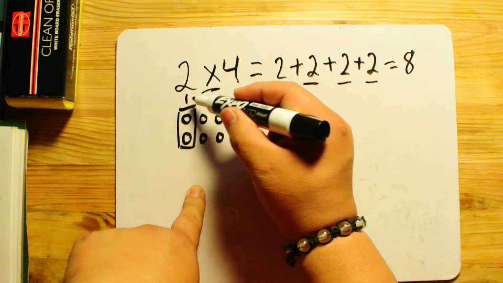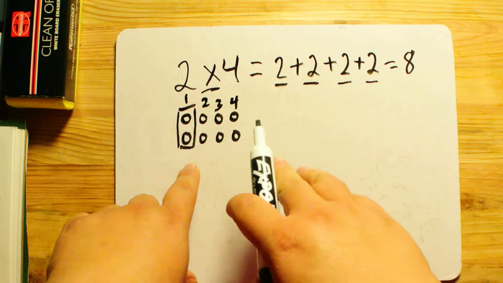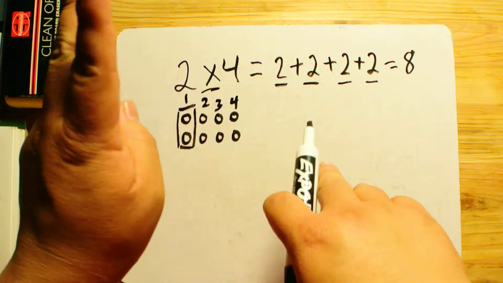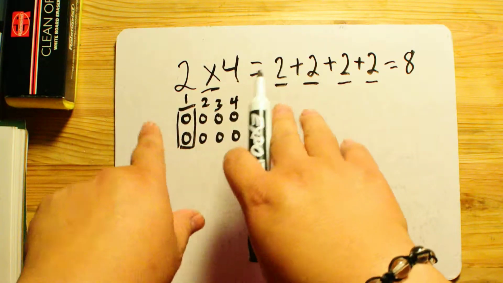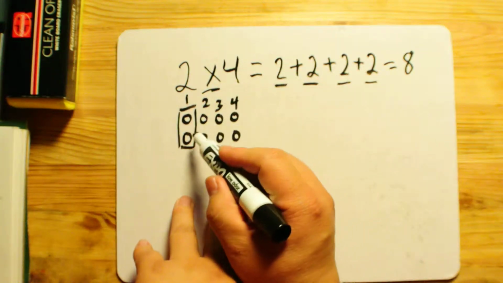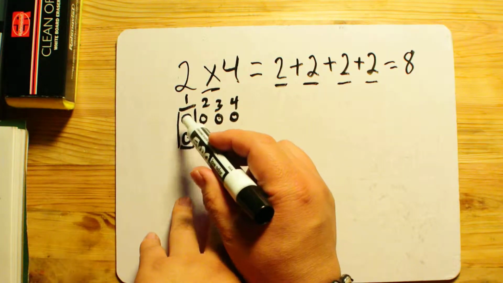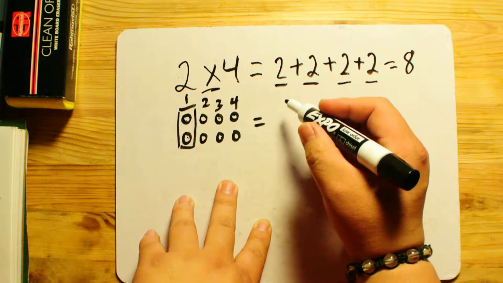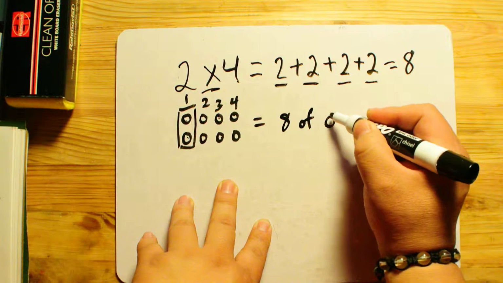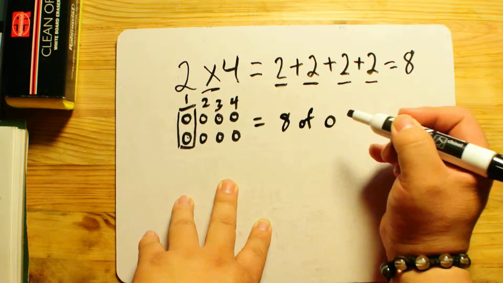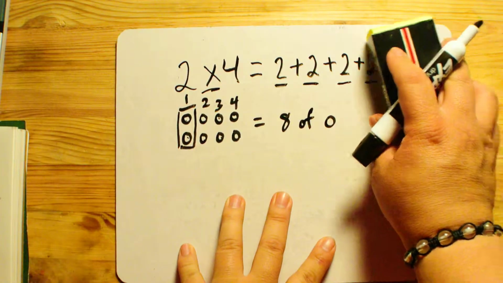This is one group, this is 2 groups, this is the 3rd group, and this is the 4th group. So there are 4 groups of 2's in this big group. If we count them individually, 1, 2, 3, 4, 5, 6, 7, 8. So there are 8 of these circle things. So that's basically what multiplication is.